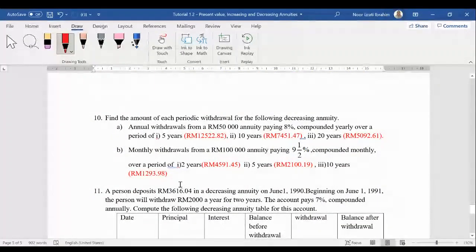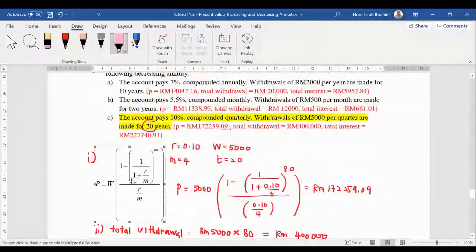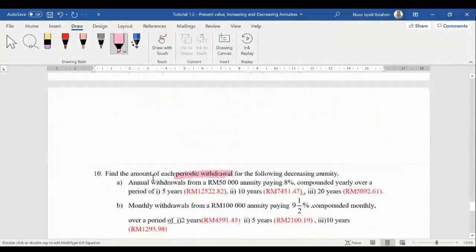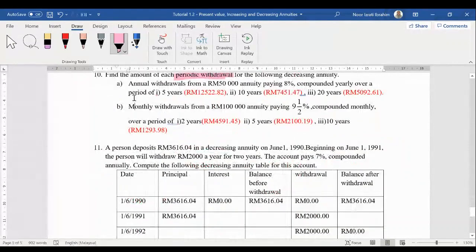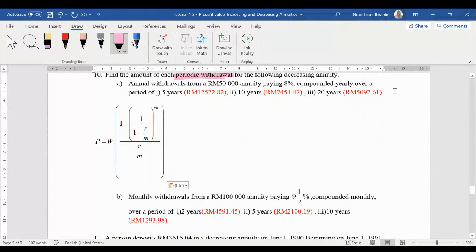Okay, that is question number 9. Question number 10: find the amount of each periodic withdrawal for the following decreasing annuity, which means to find the W. To find the W, you have to use the same formula, but you have to adjust it.